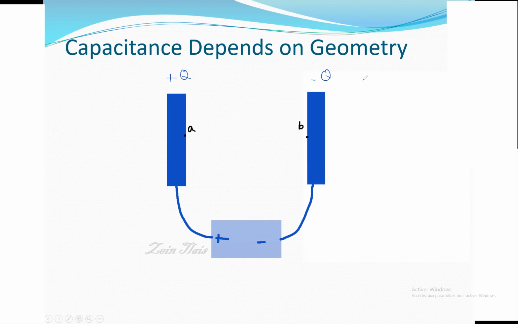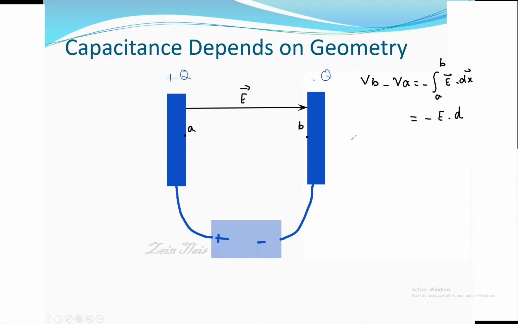At the final state between A and B, VB minus VA equals minus the integral of E dx between A and B. E is constant, so we get finally minus E times D. E is constant because we have identical parallel plates, so E between them is constant.